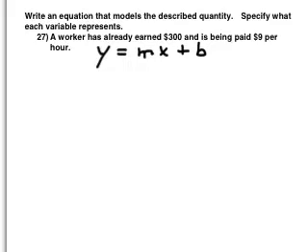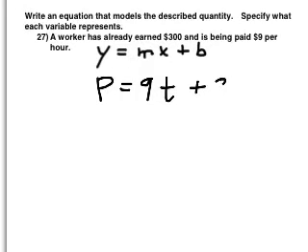We could use P for how much he's paid, and we could use T for the time, and then the M, that's our rate, so it would be $9 per hour, and the B, that's our $300, because that's what he started out with. So see, that makes sense. Whatever number you stick in here is the number of hours you work. So if it's 3 hours, it'd be 3 times 9, and then you add the $300.